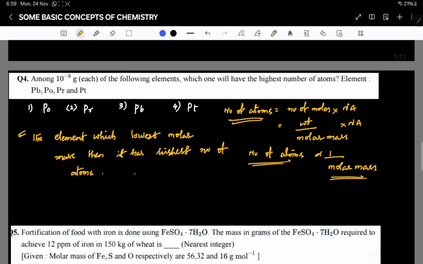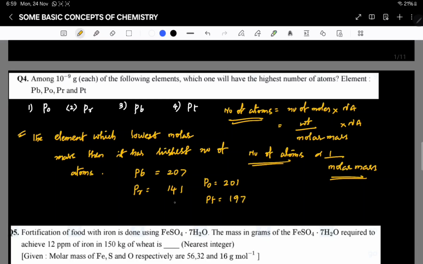Now look at it, student, lead will be 207, praseodymium will be around 141, polonium will be around 201, platinum will be 197 something.